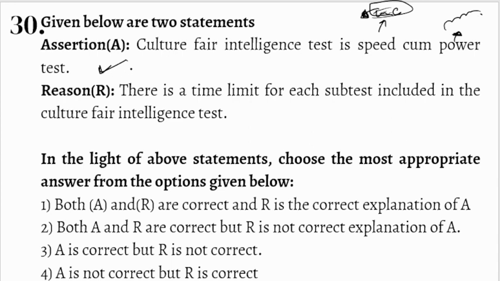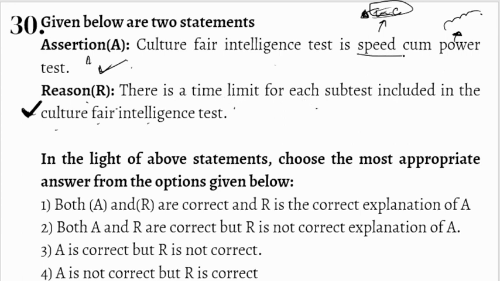So now A is correct. Now let us see if R is correct or not. There is a time limit for each subtest included in the culture fair intelligence test. Yes, there is a time limit given for different subheads for CFIT. There are 3 minutes, 4 minutes, etc. which have been delegated. So R is also correct, but does it explain A? So culture fair intelligence test is speed cum power test because there is a time limit for each subtest.